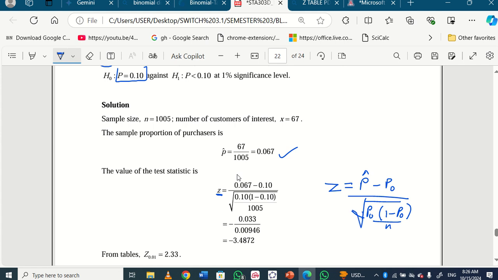The square root affects everything. So that is the formula here. Then we substitute everything. P hat, the calculated one, was 0.067.